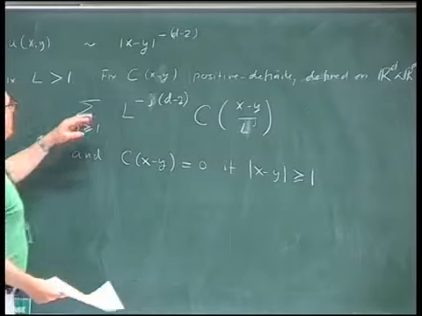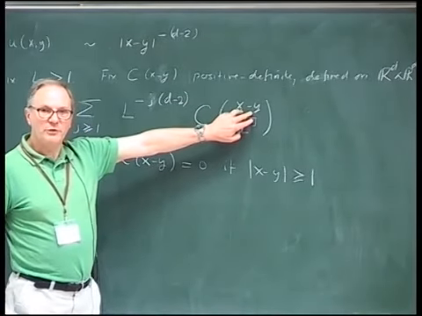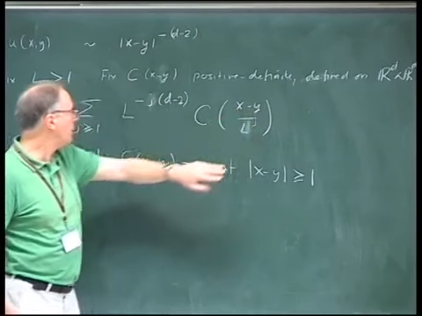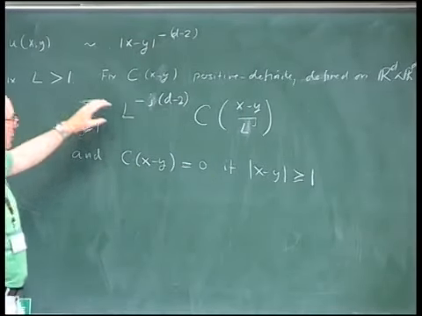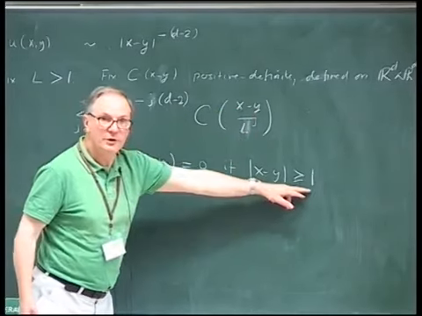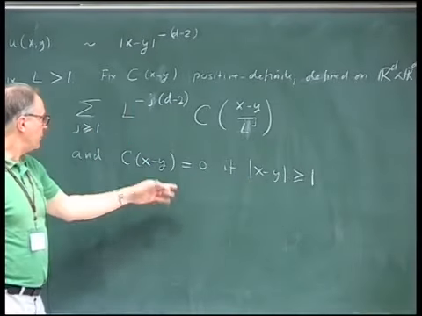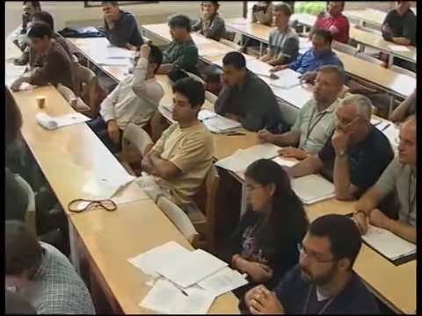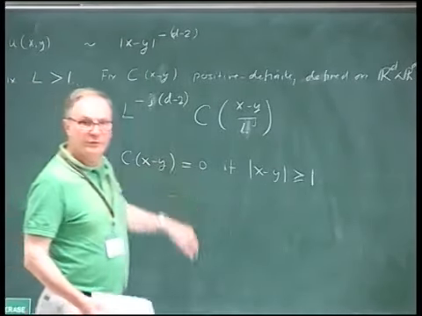Coming back to what I was saying before, if x and y are separated on the length scale L to the 20, the first 20 terms in this sum can't contribute, because L to the 20 divided by the smaller L to the j is going to exceed this limit, and the C is going to vanish. So the first 20 terms in the sum give you nothing, and the remaining ones are a convergent series, and so all you have to do is work out how large that series is, and see that it's going to give you this kind of decay.